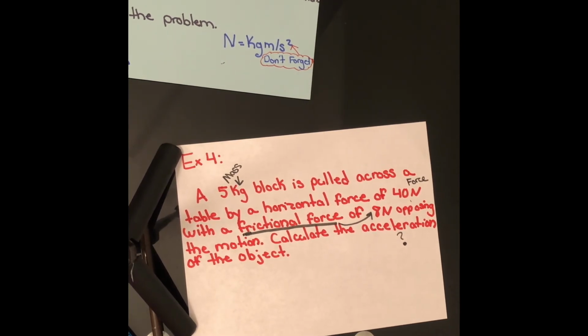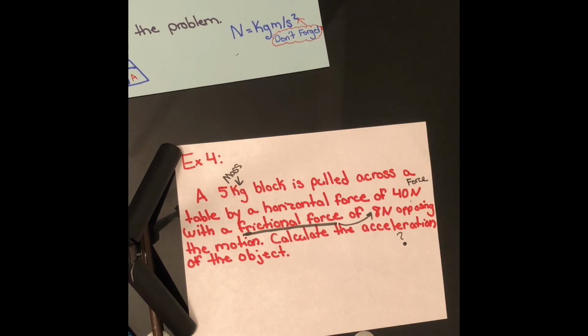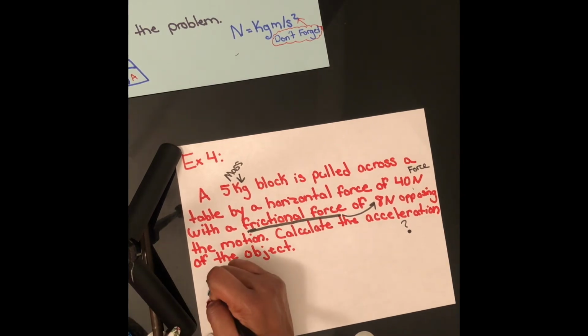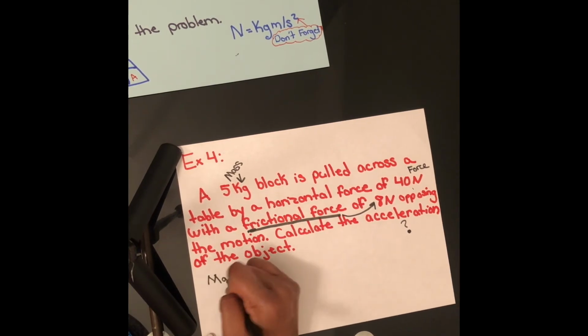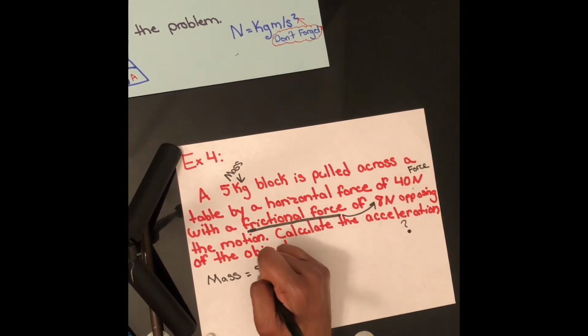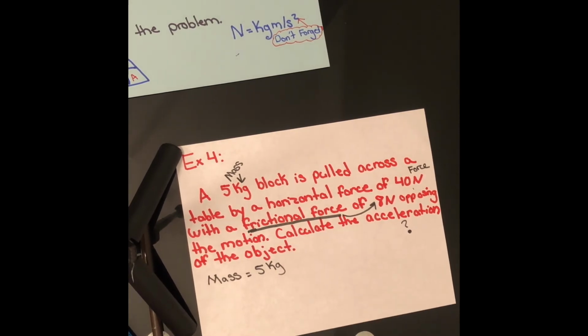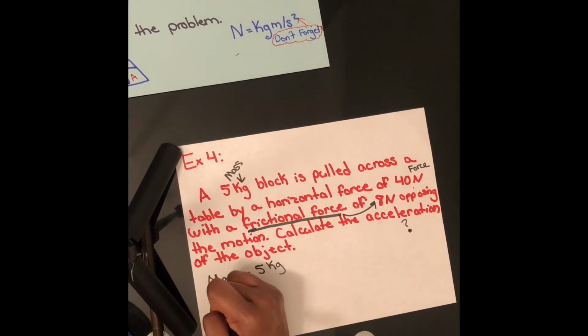So first, next thing we're going to do, we are going to write everything out. So they provided us with mass. And we know that our mass is equal to 5 kilograms. They've also provided us with force.